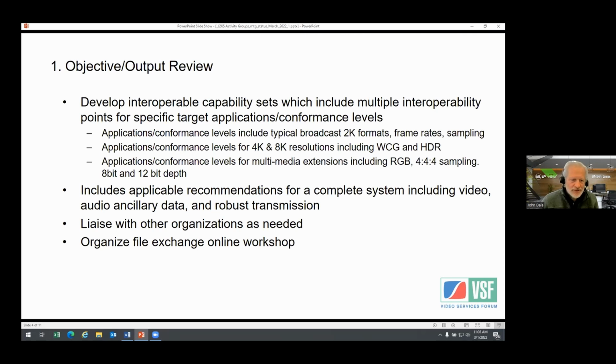The TRs include recommendations for a complete system, including video, audio, and ancillary data, as well as robust transmission. As much of this work is based on standards of other organizations, we did liaise with some of those organizations. And as I mentioned, we've organized a file exchange online workshop within the VSF.